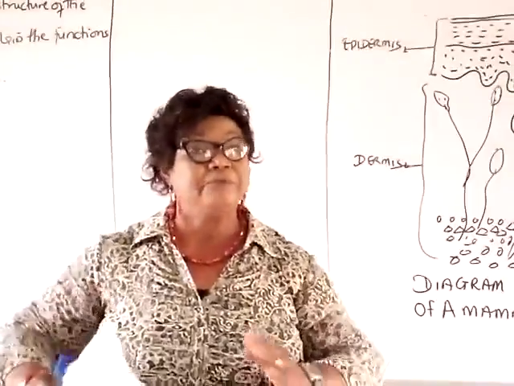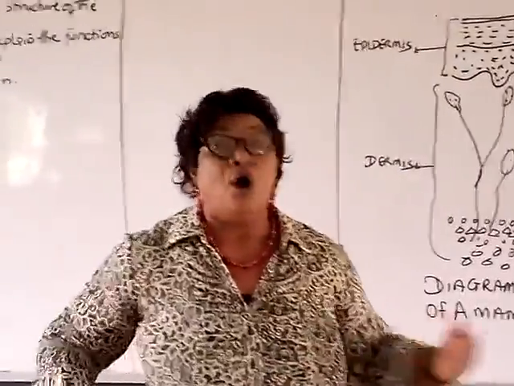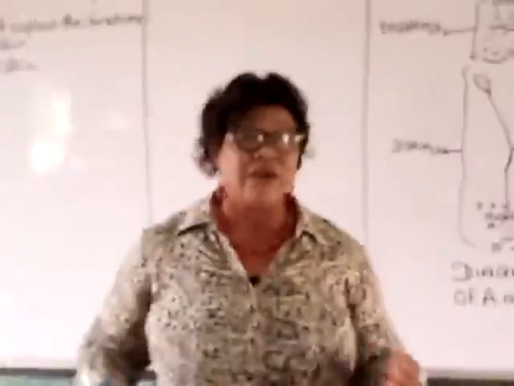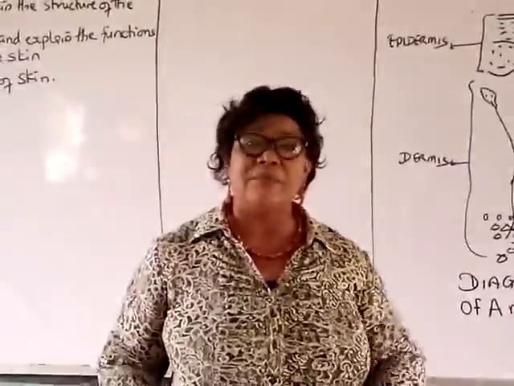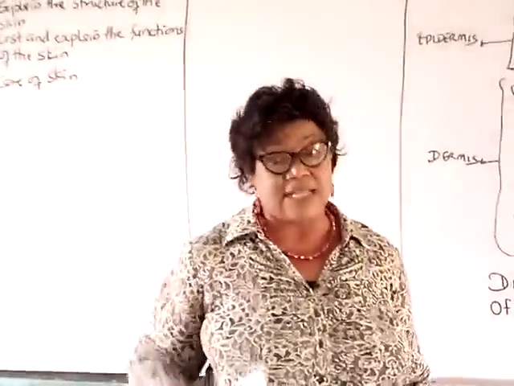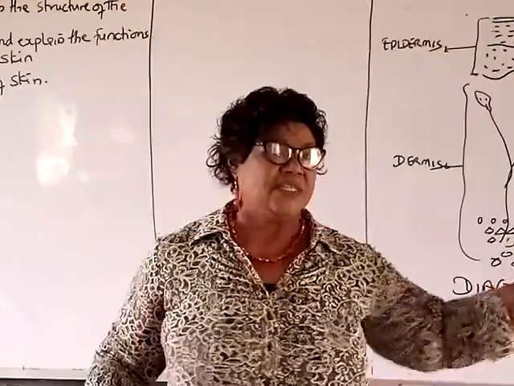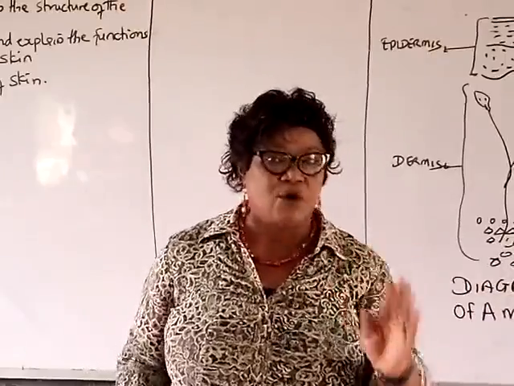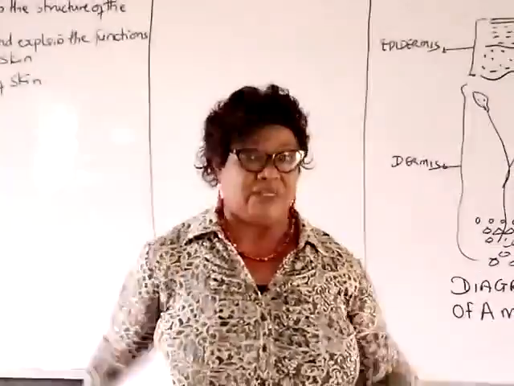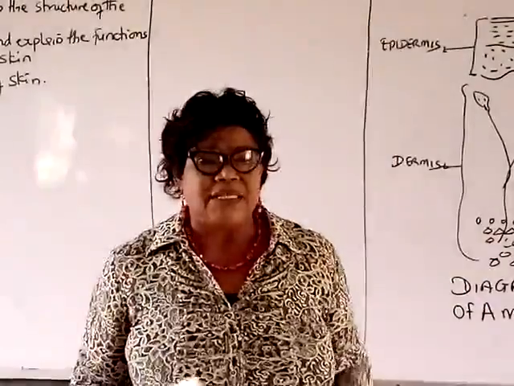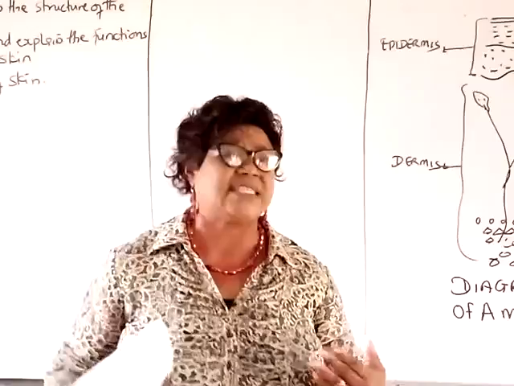Like I said, there are many variations depending on the part of the body and the race. If I stand and somebody from China stands, you'll be able to say that this person is an African or a black person and the other is from Asia. That depends on the structure of the skin. It also shows variation by sex.